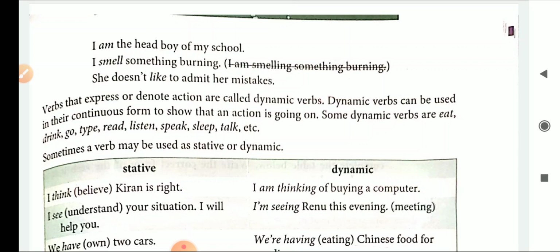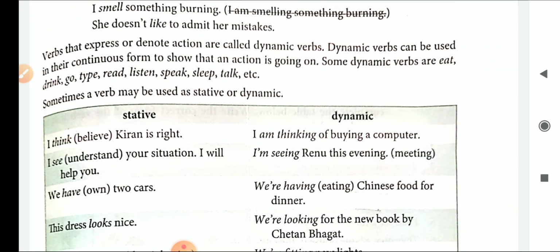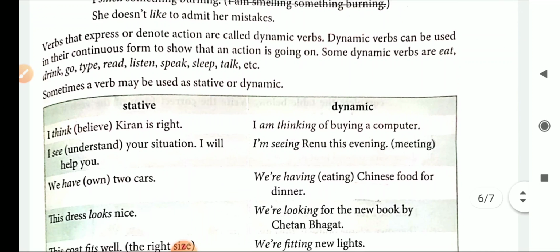Some dynamic verbs are eat, drink, go, type, read, listen, speak, sleep, talk, etc.